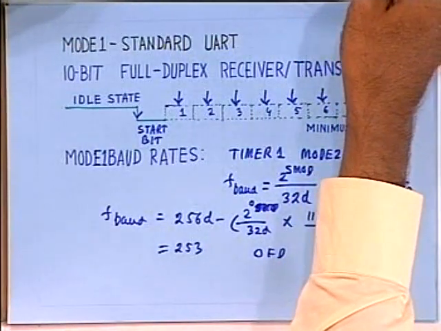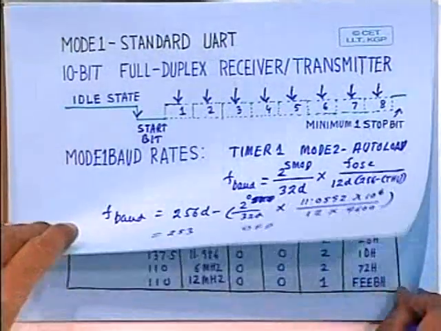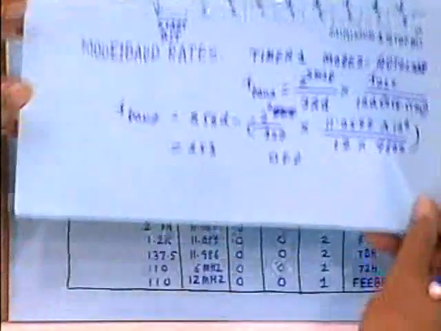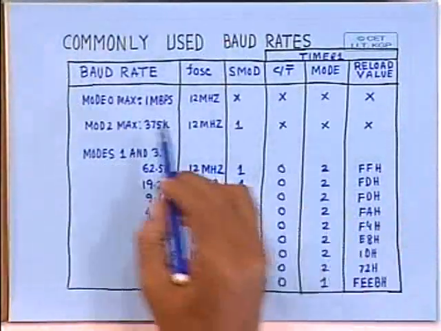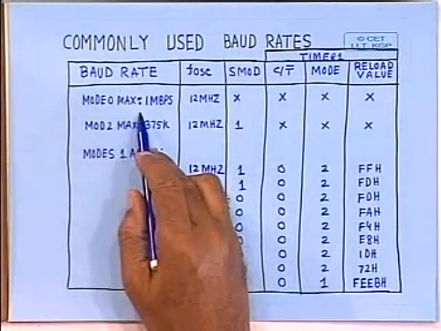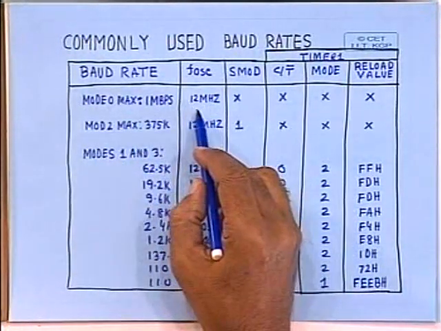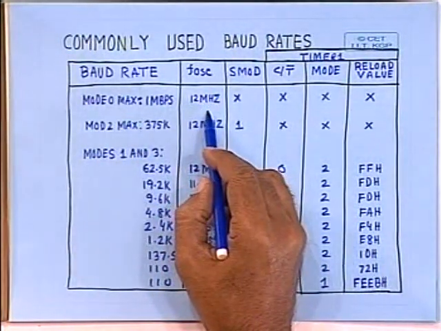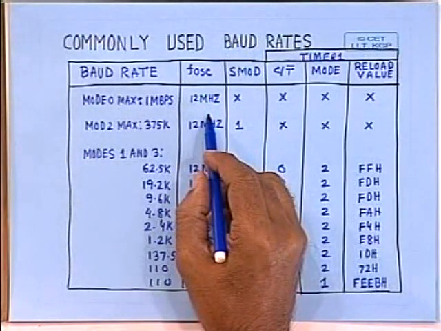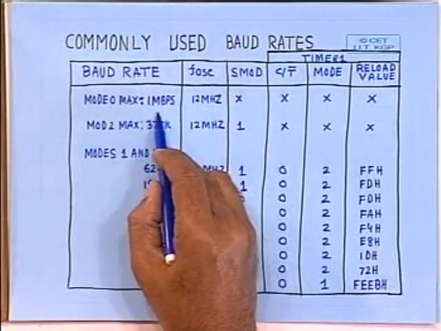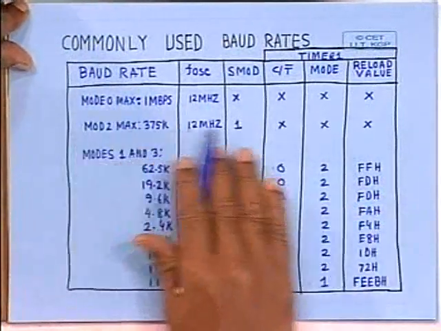And by using this, the different frequencies that you can generate is shown in this diagram. As I have already explained, in mode 0, if the clock frequency is 12 megahertz, you can go for 1 megabit clock frequency. Mode 2 I shall explain later.